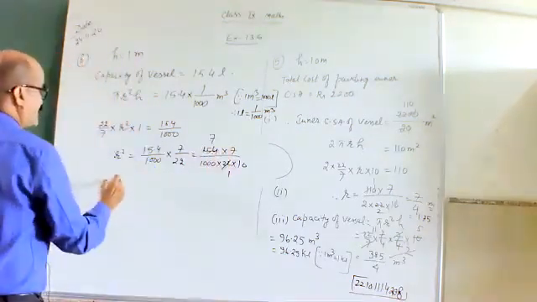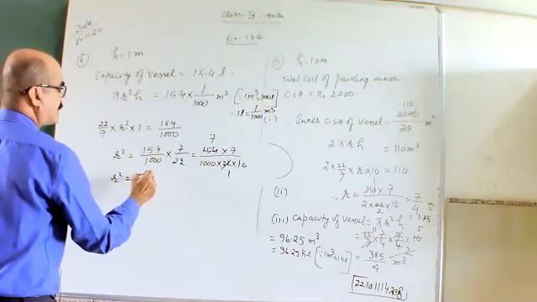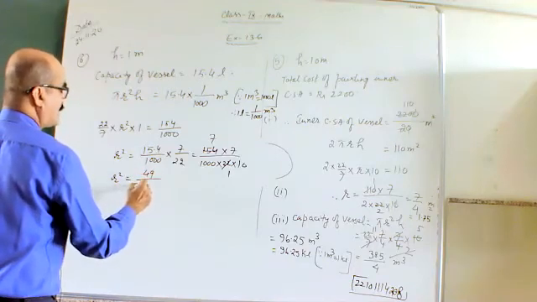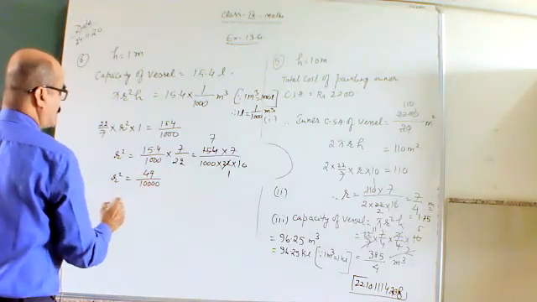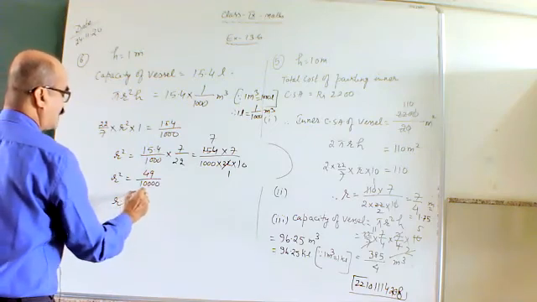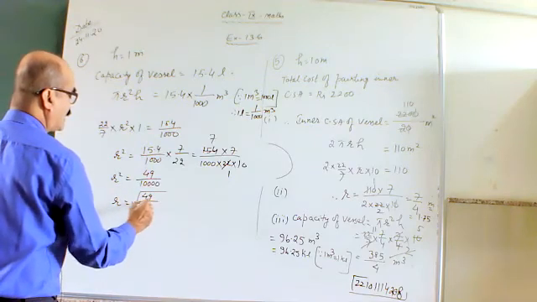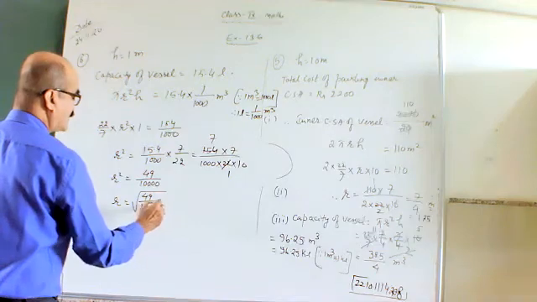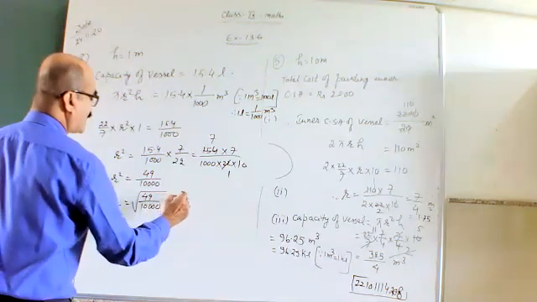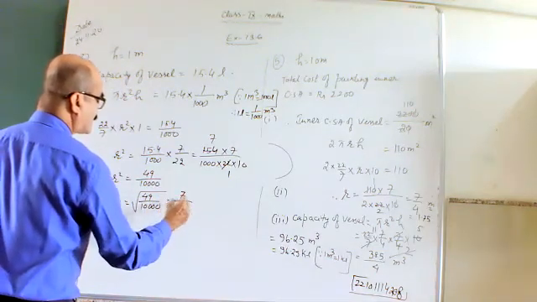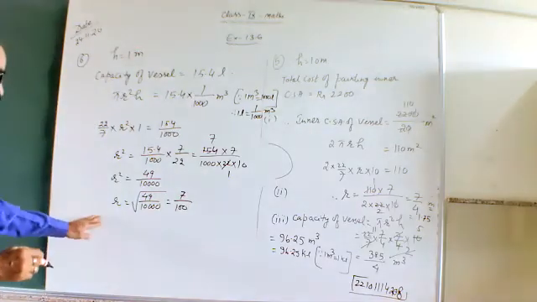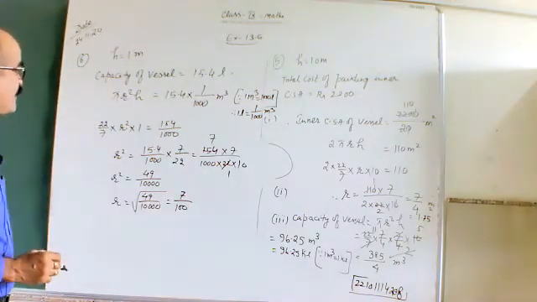So r square will be equal to 7 sevens are 49 by 10,000. So r will be equal to under root 49 by 10,000. The square root of 49 is 7 and of this is 100. So the radius is 7 by 100.